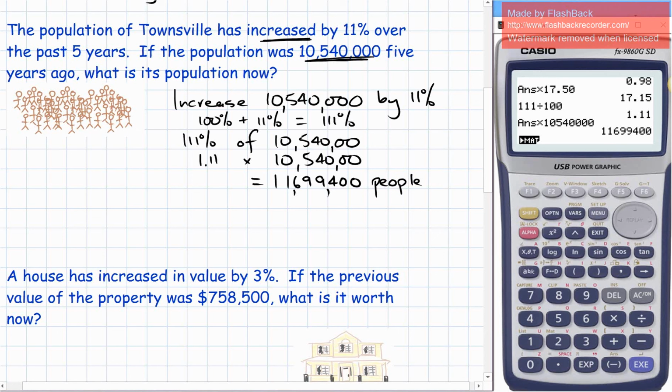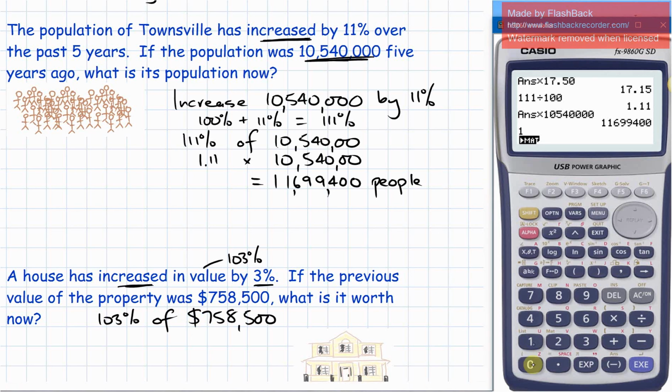The second example, another increase. A house is increased in value by 3% if the previous value of the property was that number there. What is it worth now? So it's increased by 3%. So that will give me 103%. So I'm finding 103% of the previous value.